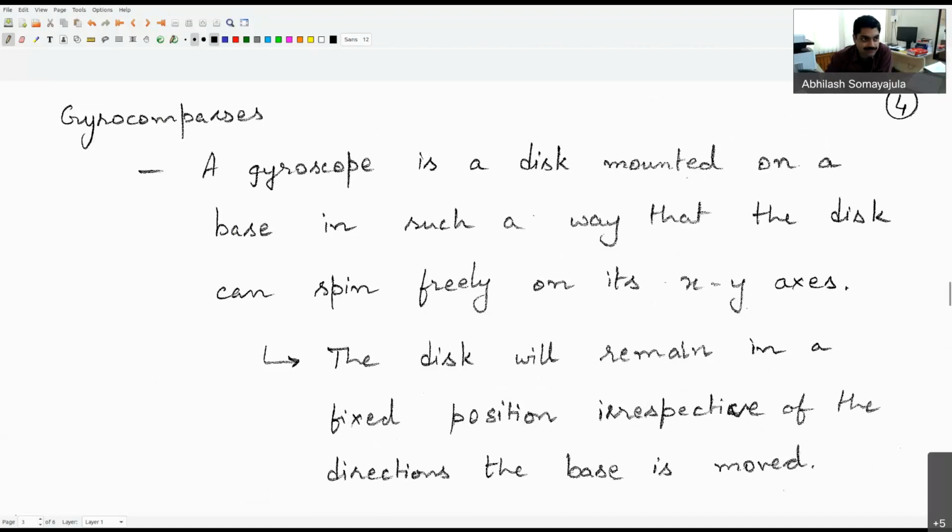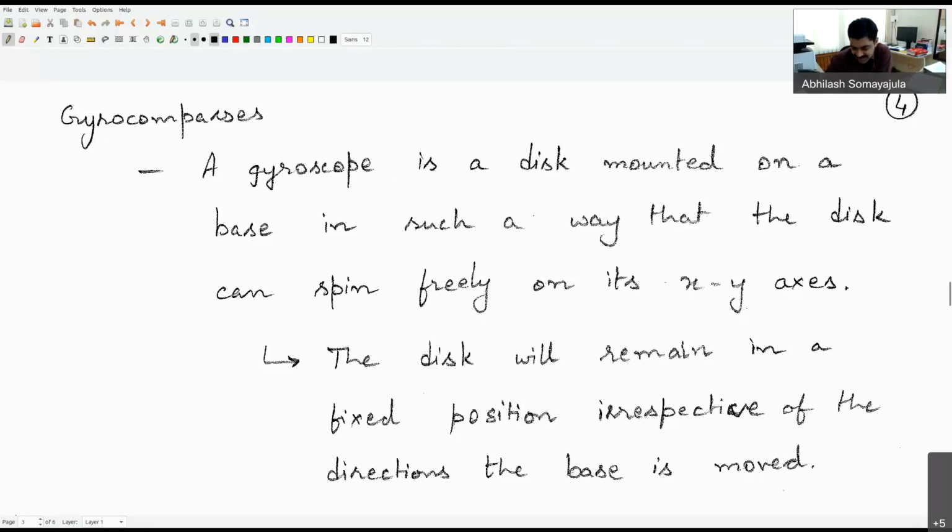That is where this new technology came about, which is called the gyrocompass. So rather than believing in a magnetic north based on a needle, today's compasses generally are what are called gyrocompasses. They are not susceptible to magnetic fields, but are based on a slightly different principle.